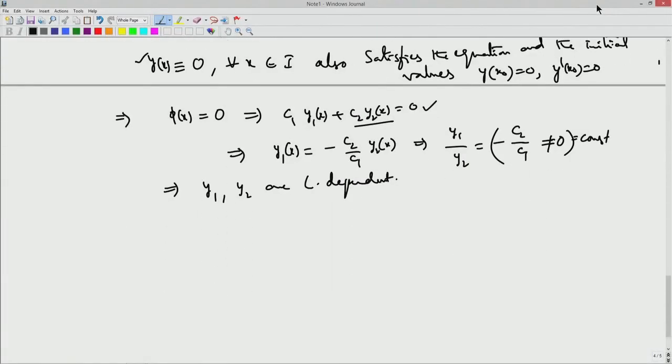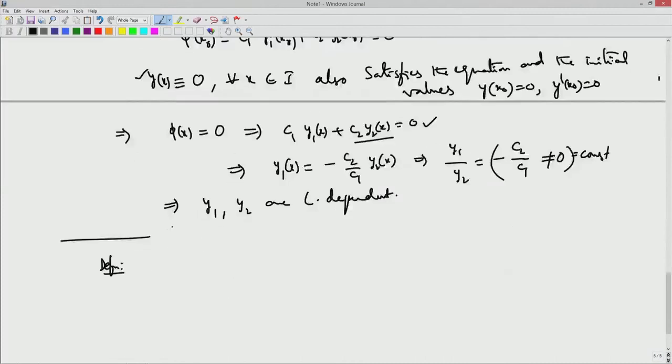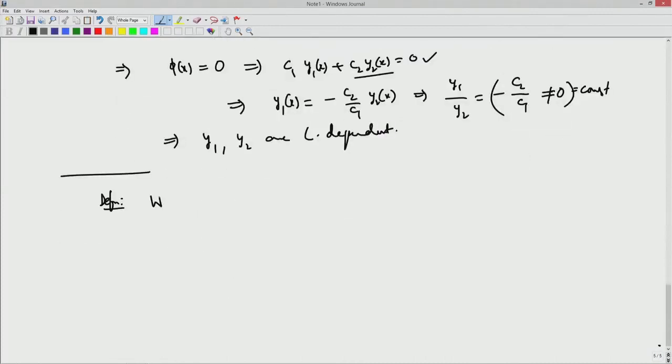So naturally, we can define this. There is a definition. This quantity, whatever you see on the right hand side, we can define as a Wronskian. This is the Wronskian of two functions.